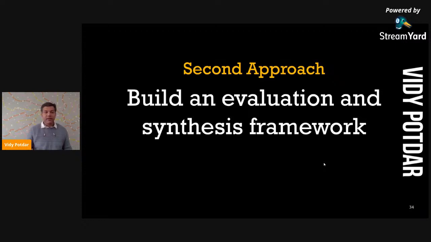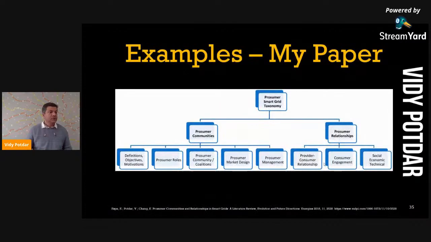This is where there is nothing out there that you can directly apply, and you have to decide, okay, I now have to do something myself. So this is an example from one of my papers, which I did with one of my students.